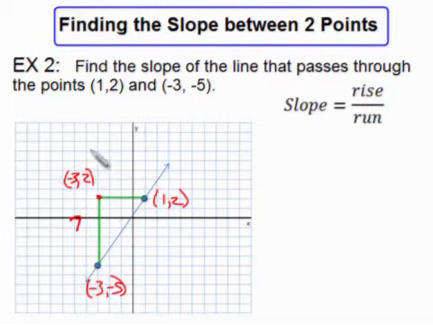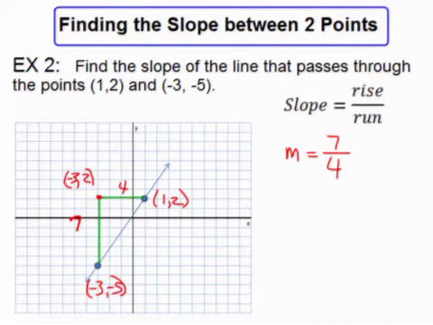So 1 minus a negative 3 is 4. And if you look at this line, it does increase as you read it left to right. So my slope should be positive. We use the letter m to represent slope. So my rise was 7 and my run was 4.